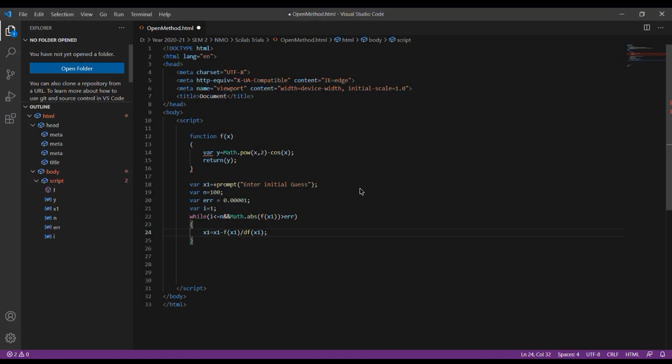Now here in this case, one more function is required, that is the derivative, that I haven't specified. So can you go to line number 17?